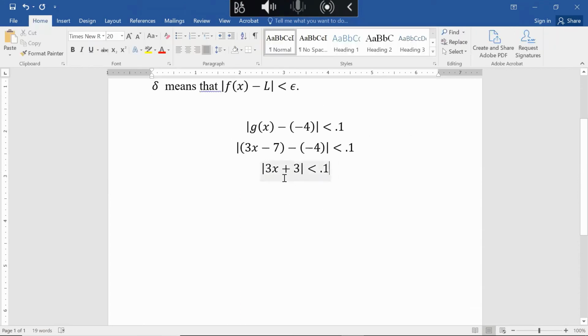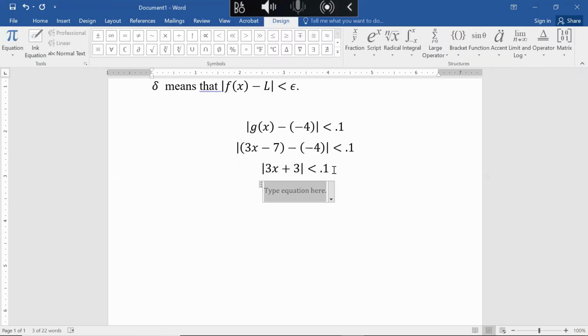So if the absolute value of 3x plus 3 needs to be less than 0.1, then we can say that 3x plus 3 has to be between -0.1 and a positive 0.1.